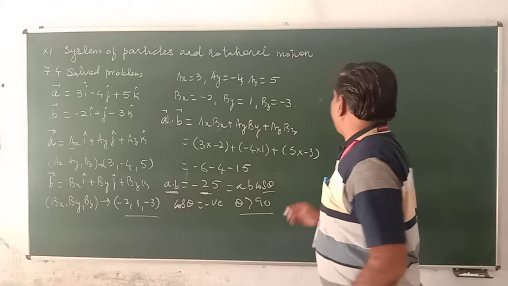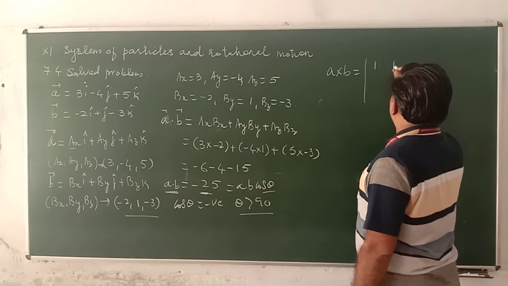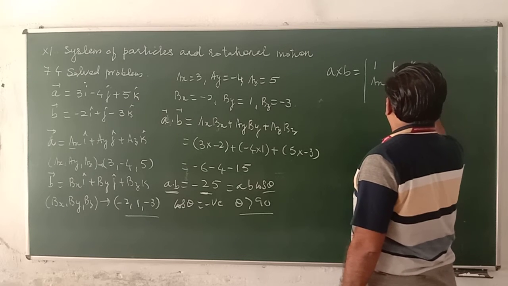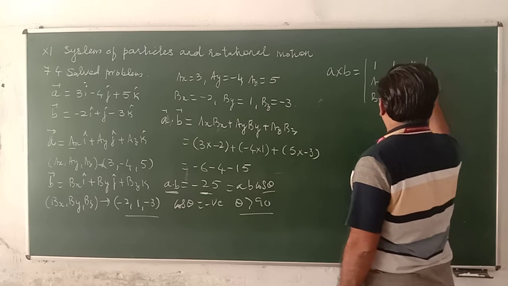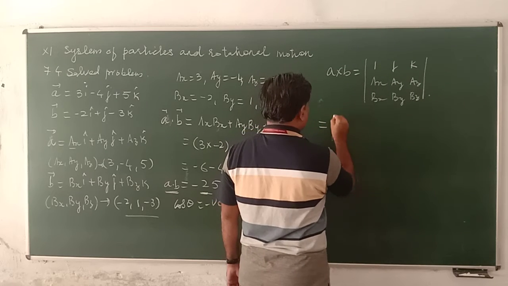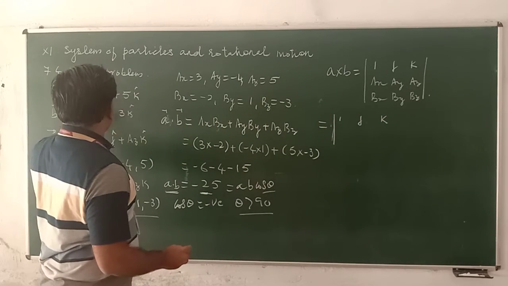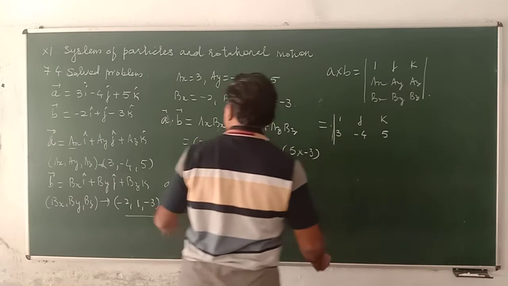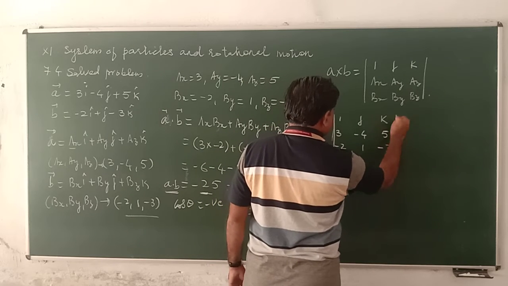Similarly, the vector product A cross B is given as the determinant with rows i, j, k; Ax, Ay, Az; Bx, By, Bz, which is equal to i, j, k; 3, minus 4, 5; minus 2, 1, minus 3.